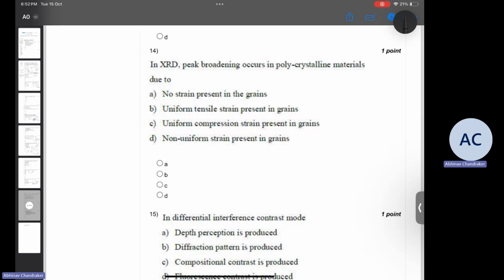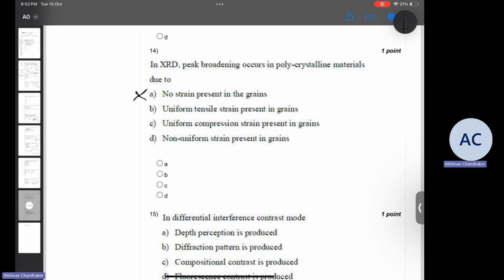Next question. In XRD, peak broadening occurs in polycrystalline materials due to... It will not be due to presence of no strain. If there is no strain, then we won't see any peak broadening. We'll have perfect Bragg's diffraction, so we'll only see very sharp peaks.